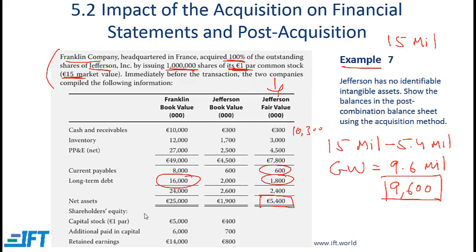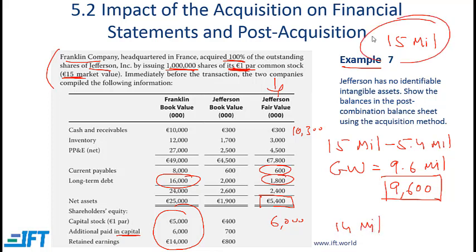The way you come up with this is by looking at this information. Note that the par value is 1. If 1 million shares are issued, then the capital stock will go up by 1 million. Initially, our number was 5 million. When capital stock goes up by 1 million, we will have 6 million. Additional paid in capital is the amount that is paid above the par value, and that number is 14 million.